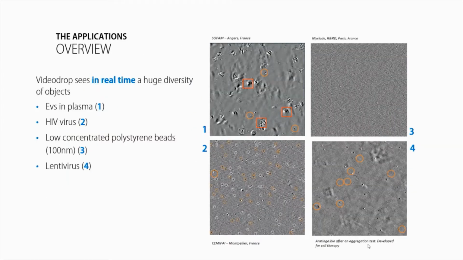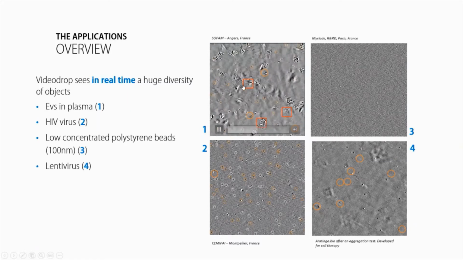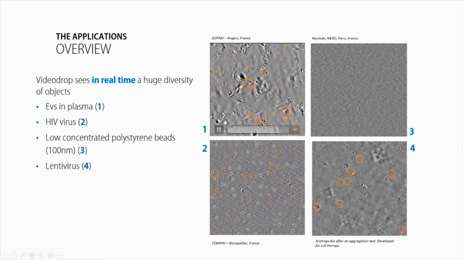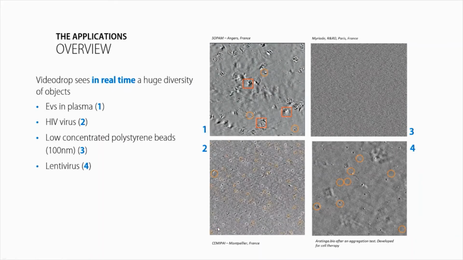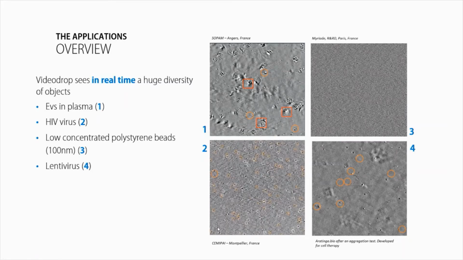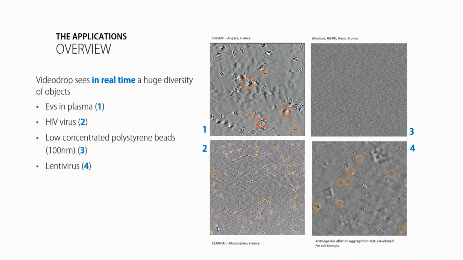So VideoDrop sees in real time a huge diversity of objects. In square 1, you have the example of EVs in the blood plasma and with some aggregates. In square 2, you have the image of HIV viruses. The HIV viruses are circled in orange, and in green you can see their displacements.